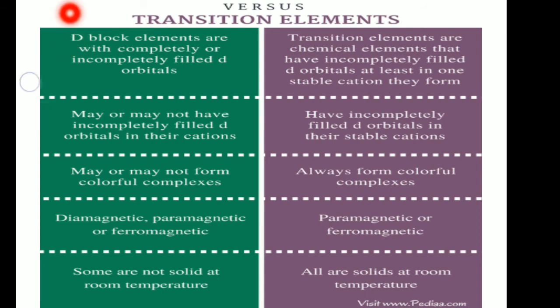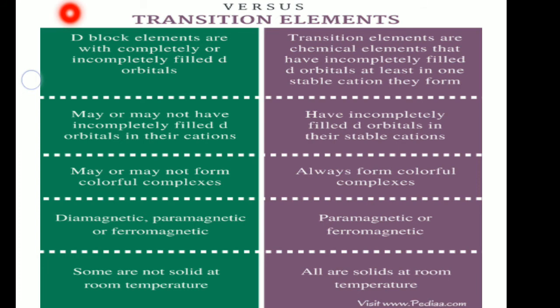D block elements may or may not have incompletely filled d orbitals in their cations, but incompletely filled d orbitals in stable cations or stable ionic states are essential for referring to transition elements.